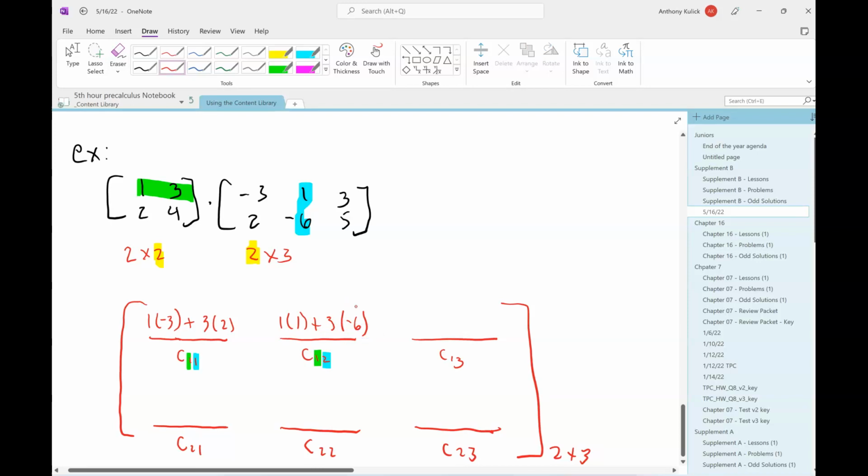Is that okay? And my last one for this row, I need row 1, but this time I need column 3. So I'll do 1 times 3 plus 3 times 5.